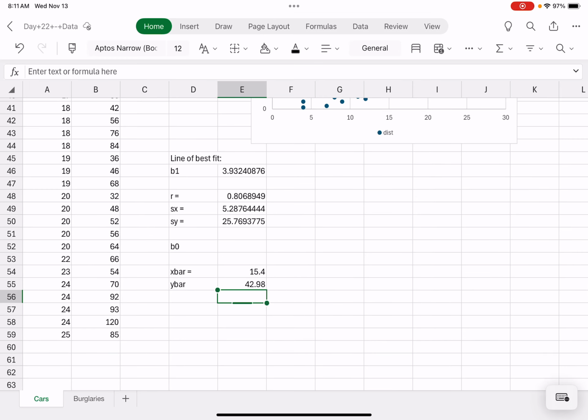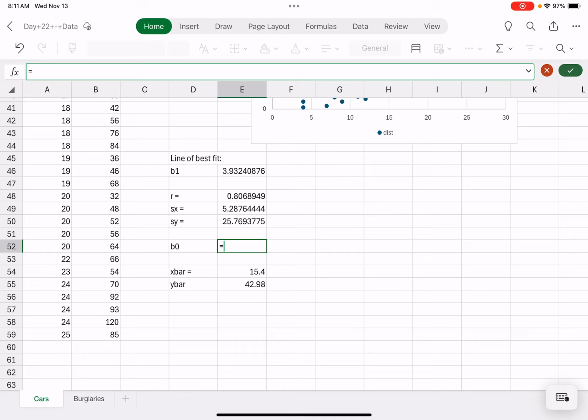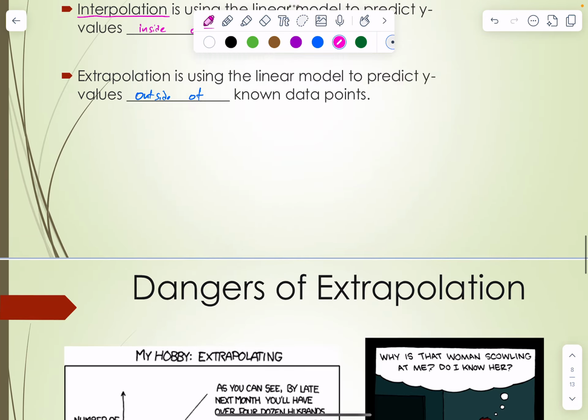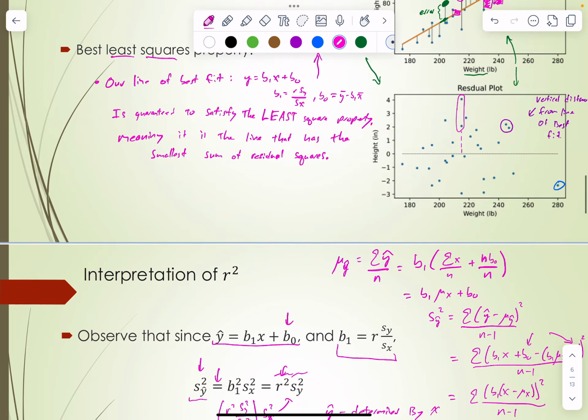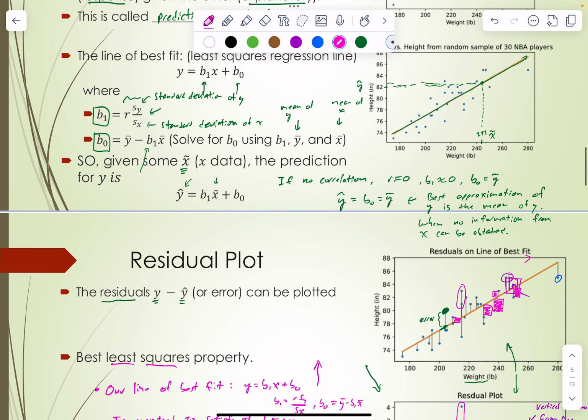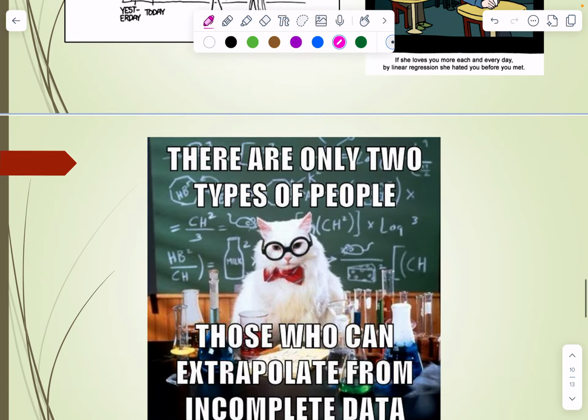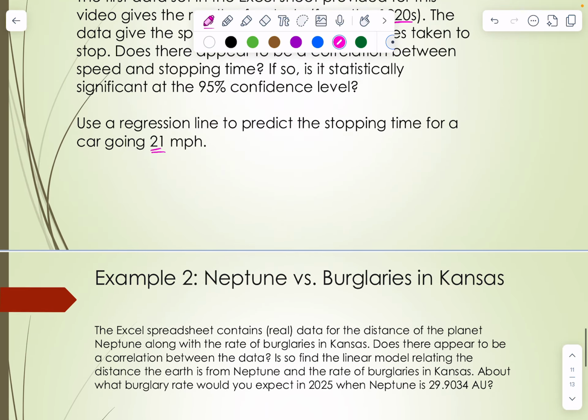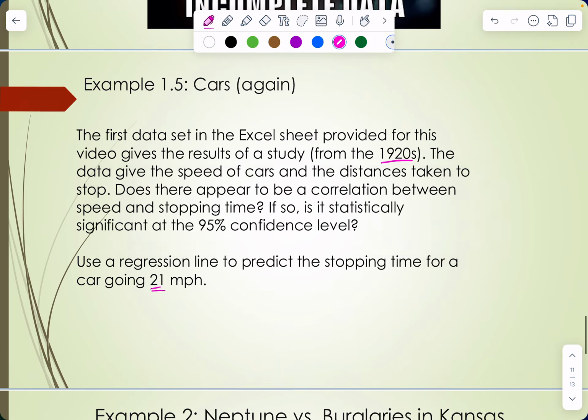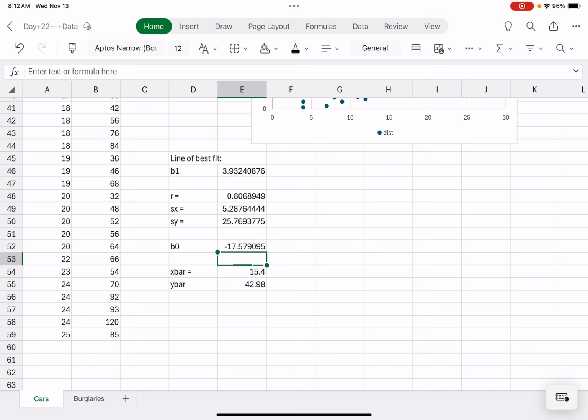And so now B naught is going to equal y bar minus B1 times x bar, enter.